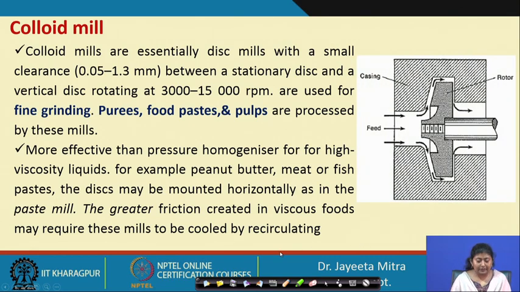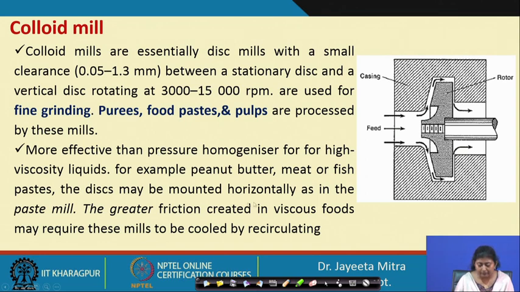It is more effective than the pressure homogenizer for highly viscous liquids. However, for low viscous liquids this colloid mill is not suitable, as they will form clumps or aggregation. For example, for highly viscous products like peanut butter, meat or fish paste, this colloid mill is used.